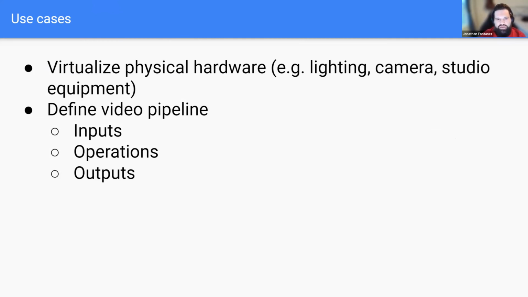Having worked in the event space and with different studios, I realized that a lot of the existing processes for producing and transmitting video are still what I would equate to the early 2000s way of building applications, where companies were managing their own data center infrastructures. With Kubernetes and custom operators, we can begin to virtualize hardware that we never thought was possible. You can take things like lighting, cameras, and studio equipment like switchers.